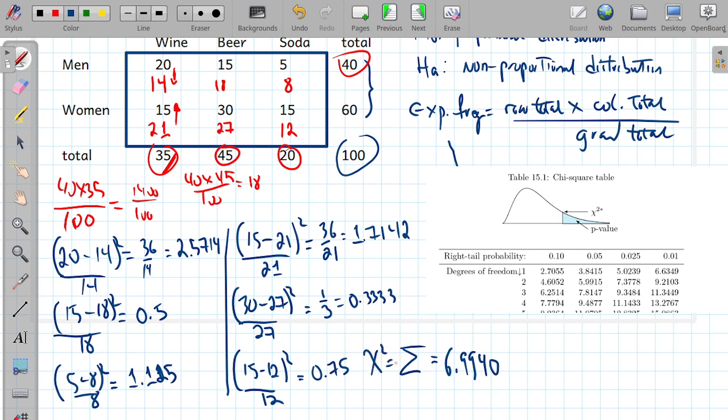Now, what's our degrees of freedom? Same as last time. It's the number of rows minus 1 times the number of columns minus 1. So if we strike out one of these and one of those, we have 2 degrees of freedom.